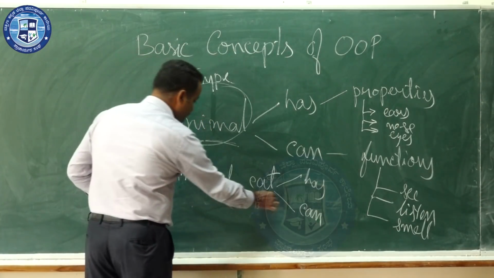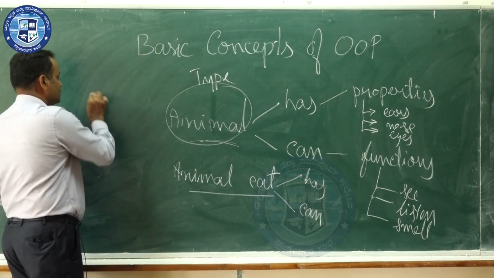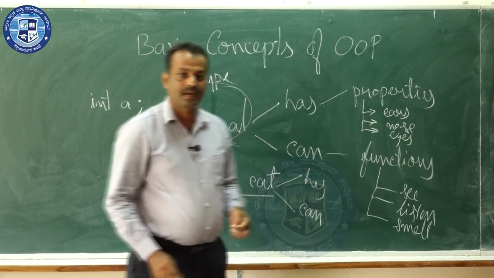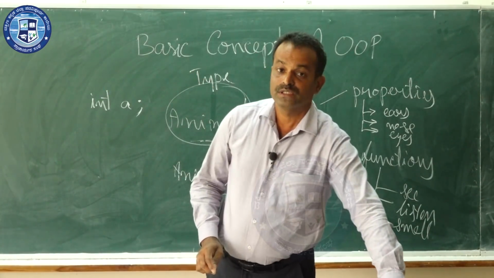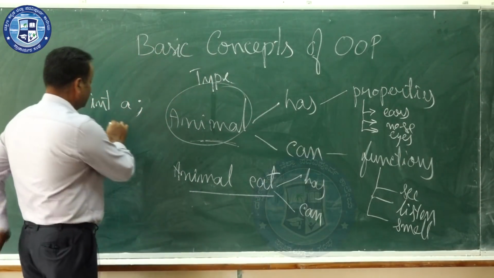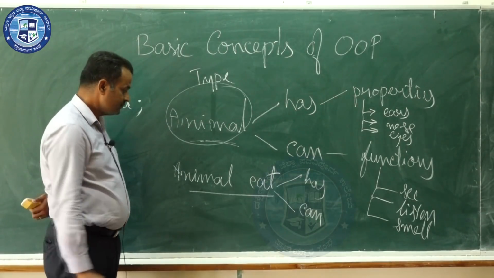And when we say integer a, I am declaring a variable a. That means a is of the type integer. That means the type will give some properties to this variable a.